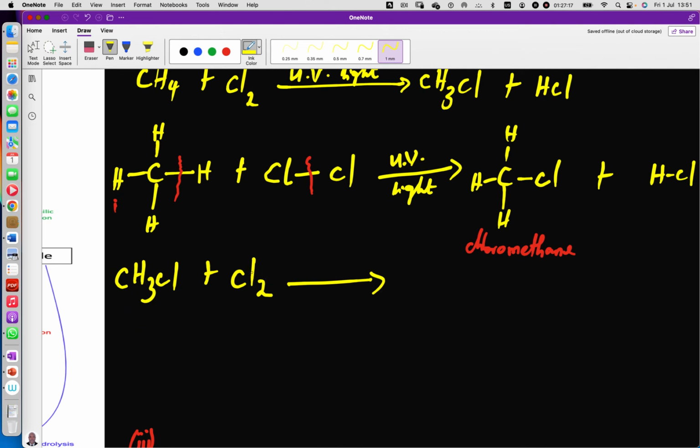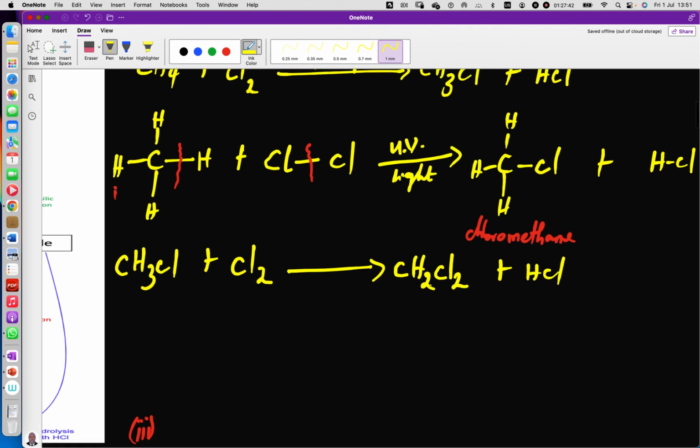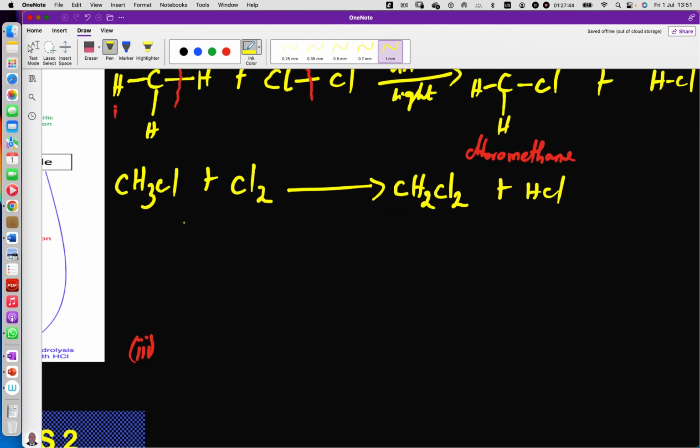So one chlorine, when it breaks off, is going to substitute one of the hydrogens here. So it will be CH2Cl2, plus one of the hydrogens and one of the chlorines will give hydrogen chloride. Now again, this will have to go down again, and there will be another substitution.